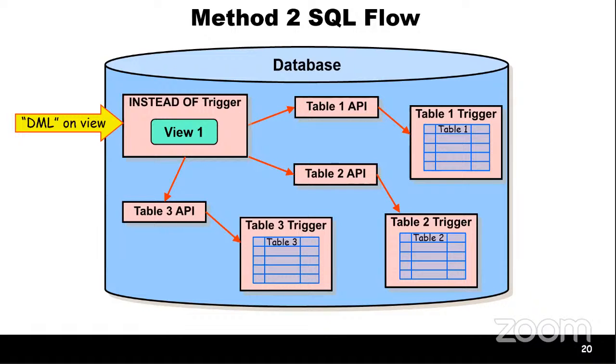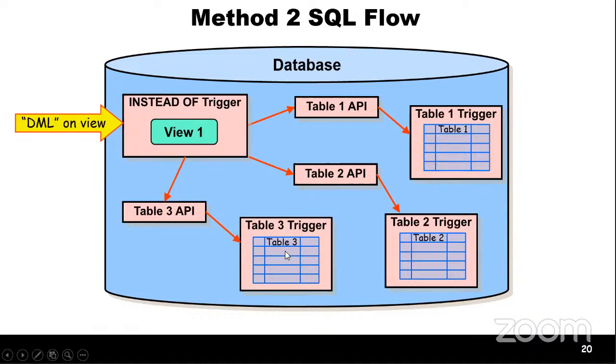I was just showing the example of the one call to the employees table, but you can call any and all or none of the table APIs from that instead-of trigger. And then those go through the table triggers to get to the tables.